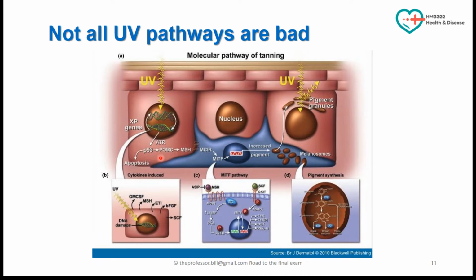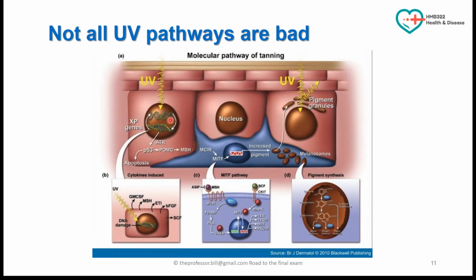As p53 is increased, it will cause the increased production or activation of a synthetic enzyme known as POMC. And this is that POMC. POMC is the genetic element that will eventually cause the formation and release of that melanocyte stimulating hormone. So this again is a slightly expanded version of what I mentioned in that previous slide.